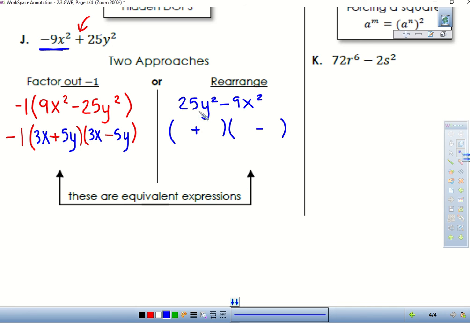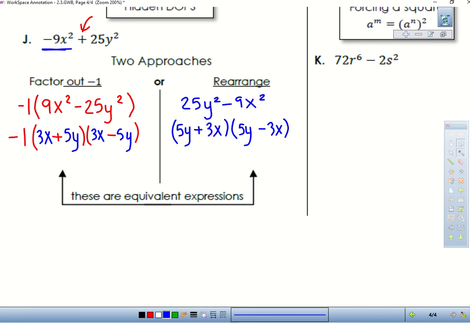What is the square root of 25y squared? 5y. Good. And the square root of 9x squared? 3x. Very good. These two are what we call equivalent expressions. They mean the same thing, they're just written two different ways. So you could rearrange them so that they matched. Does anyone have any questions about J?